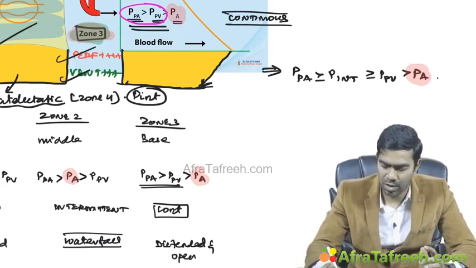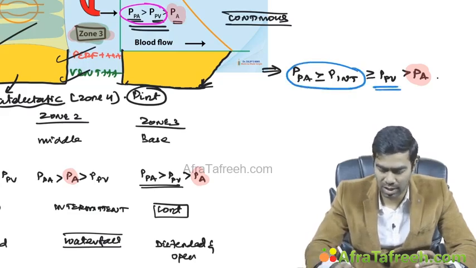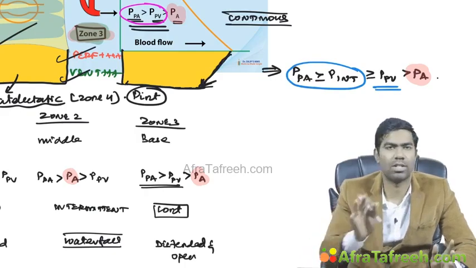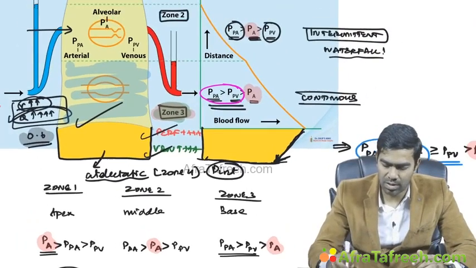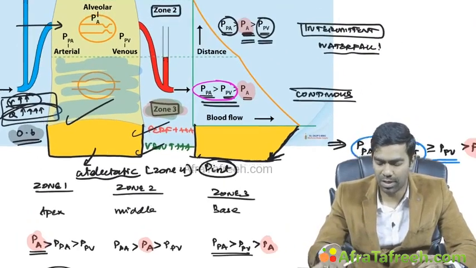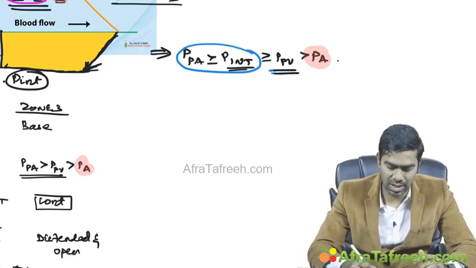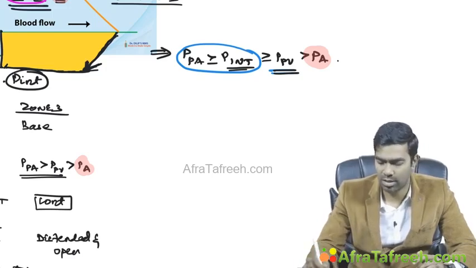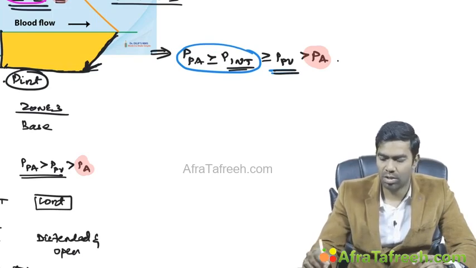At the same time, your interstitial pressure becomes more than the pulmonary venous pressure, which means once again it will reduce the blood flow like what you see in zone 2. Because in zone 2, your pulmonary venous pressure is superseded by the alveolar pressure. But here, the pulmonary venous pressure is superseded by the interstitial pressure. So that is the reason the blood flow decreases. You can see here, and it becomes somewhat similar to that of zone 2.